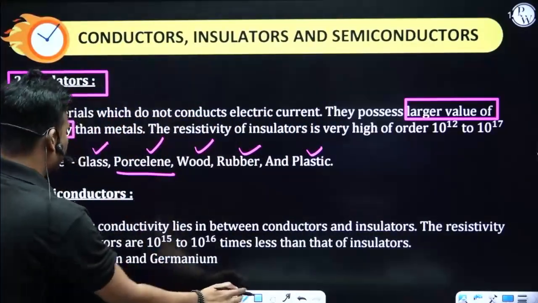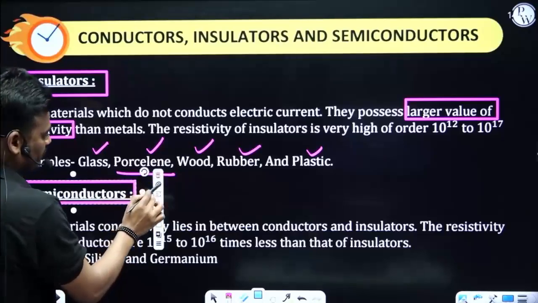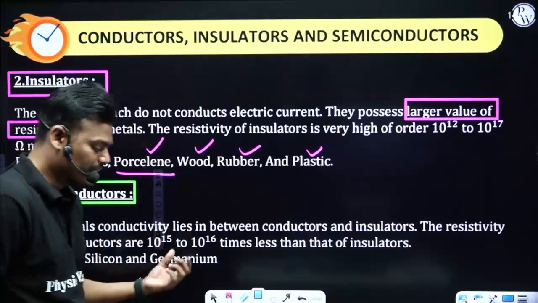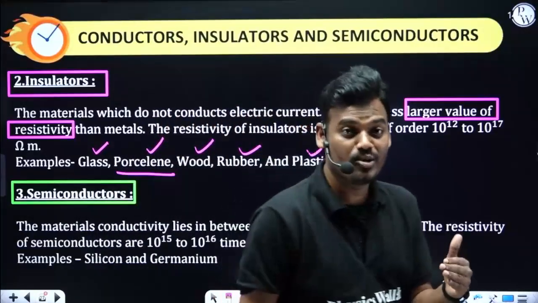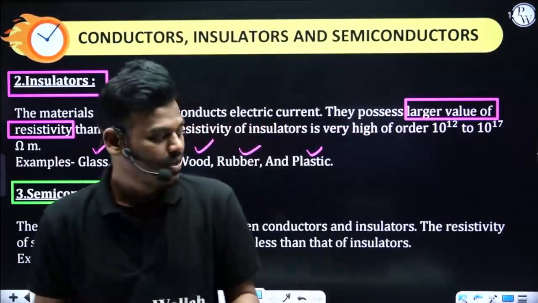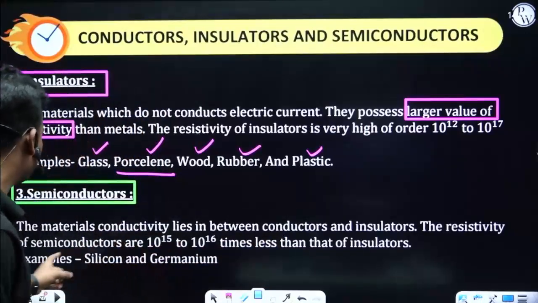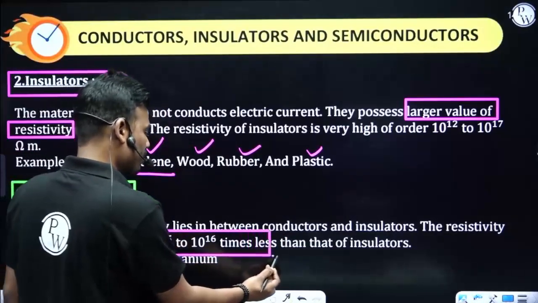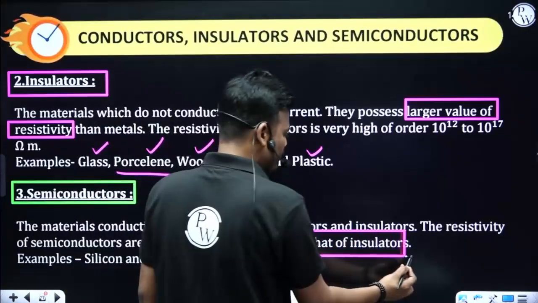Now, last one, it is the semiconductor. The materials whose conductivity lies between conductors and insulators are called semiconductors. The resistivity of semiconductors is 10 power 15 to 10 power 16 times less than insulators.